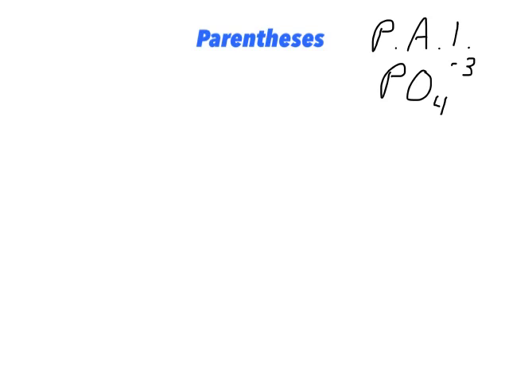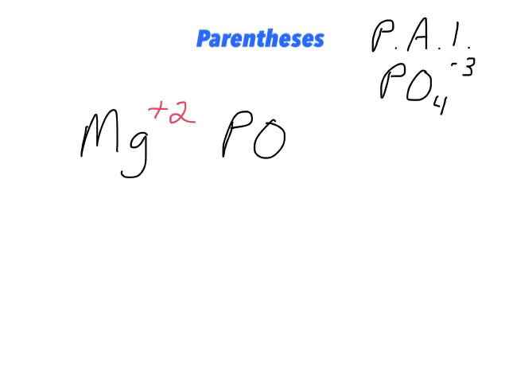So let's take a look at an example of what that might look like. If I take, let's say, magnesium, which is not polyatomic, but it does form a positive charge, and let's say that I combine this, how about with our phosphate, which is a PO4 -3.